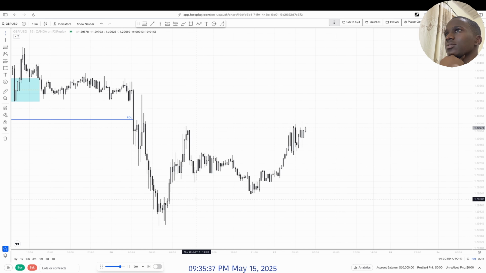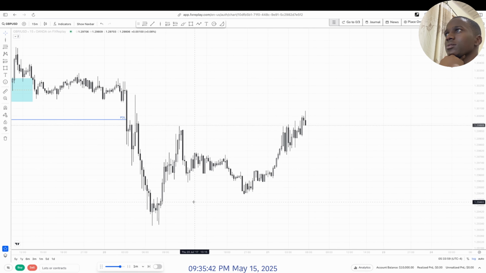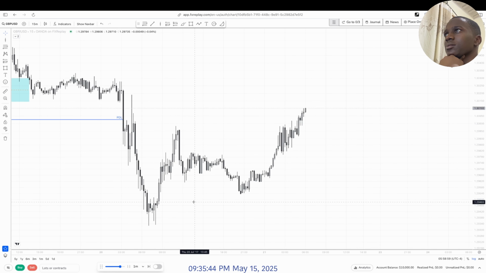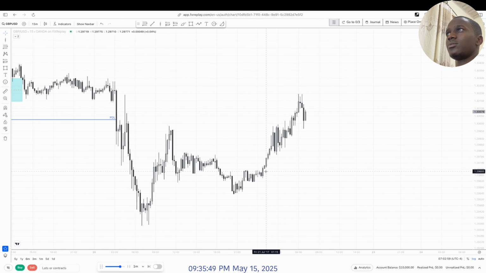Okay, we've got a sweep. A shifting structure actually. No confirmation so far.